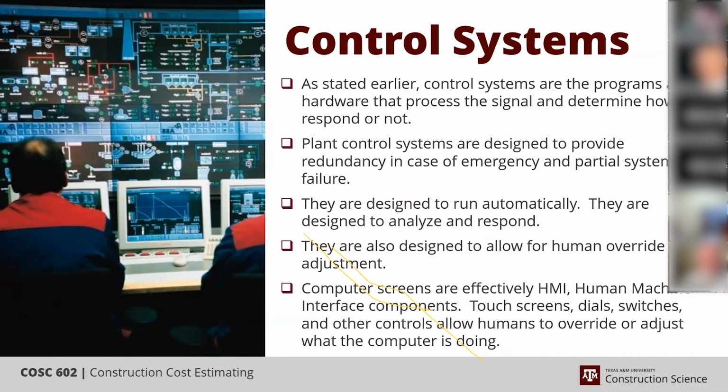Some used to be pneumatic, though I don't think there's any pneumatic anymore. There used to be all pneumatic decades ago. But now the control system is what's receiving that signal in the control room.